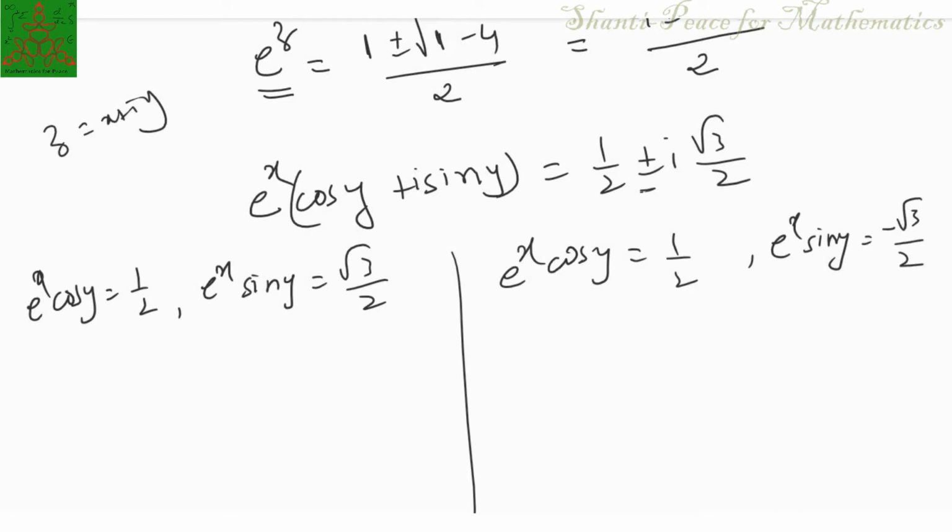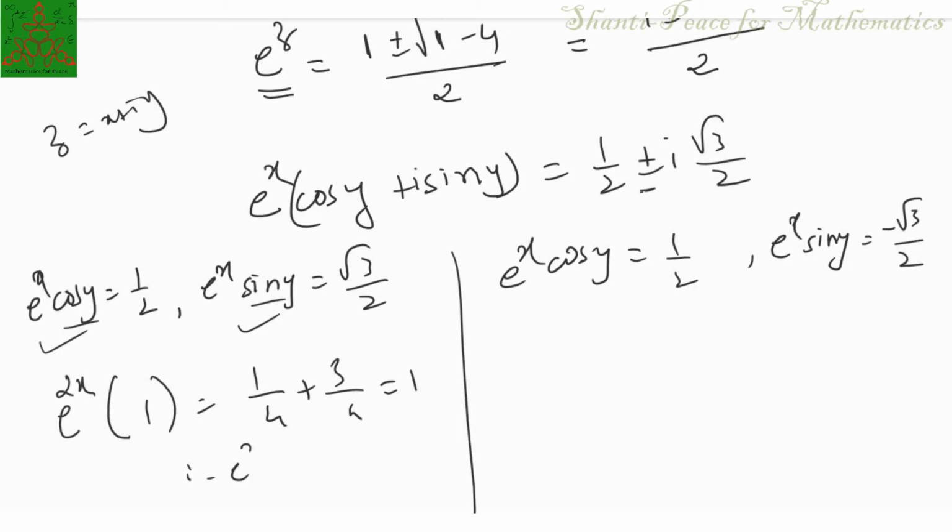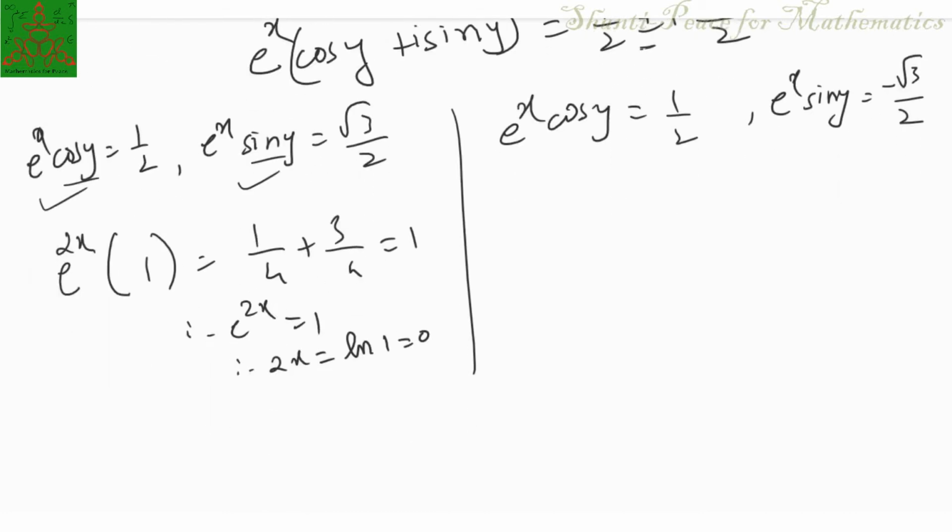If you square these two terms and add them, you will have e power 2x (cos square plus sin square), which is 1, equal to 1 by 4 plus 3 by 4, that is 1. So e power 2x is 1, which gives 2x equal to ln of 1, which is 0. Therefore x will be 0.